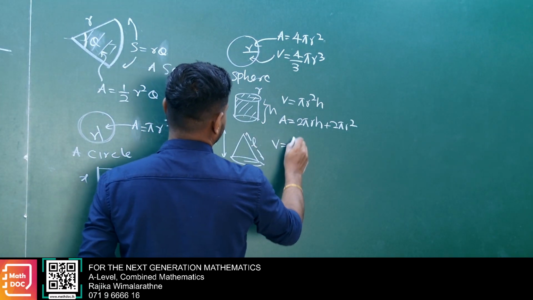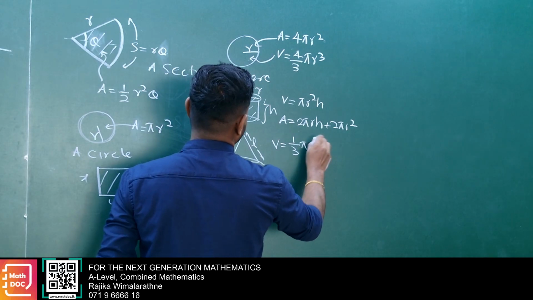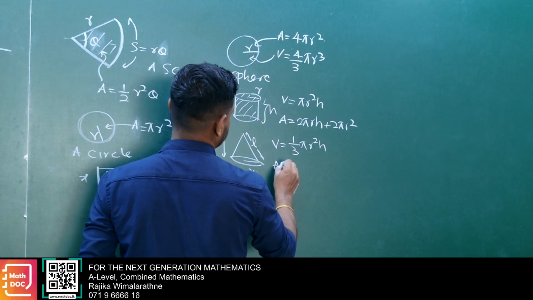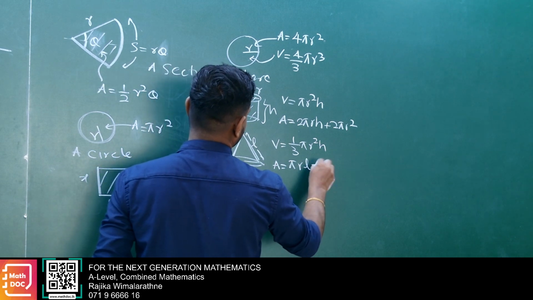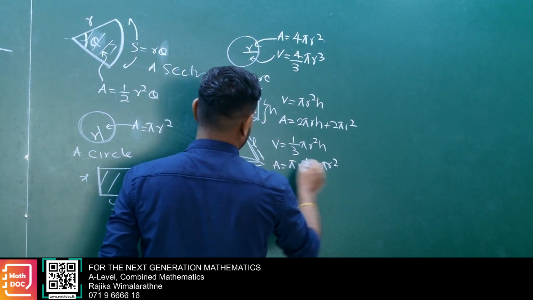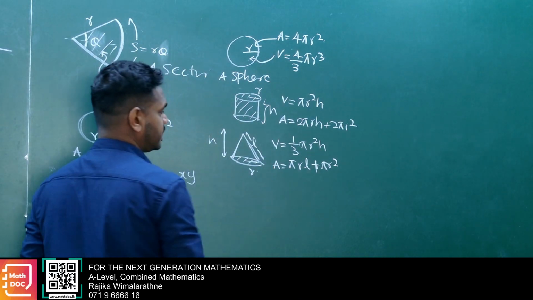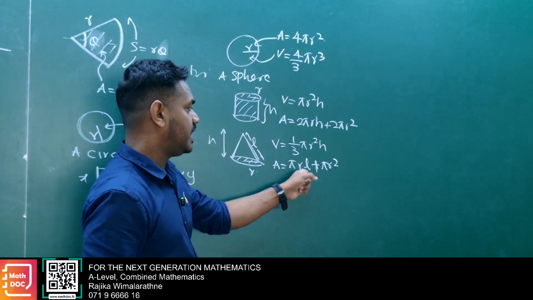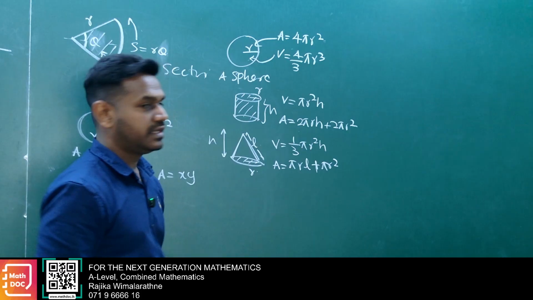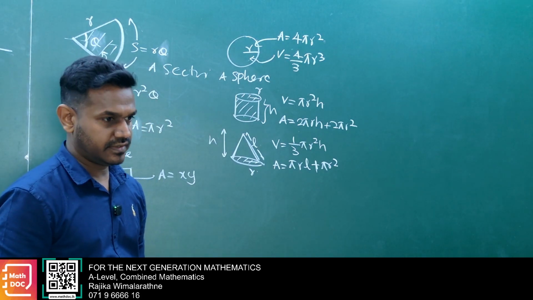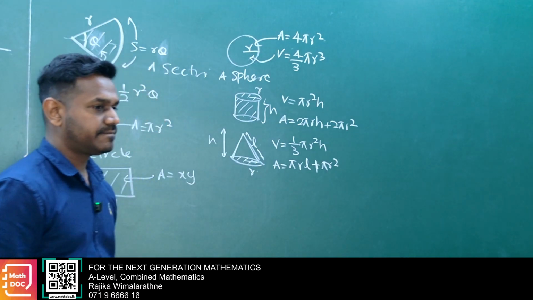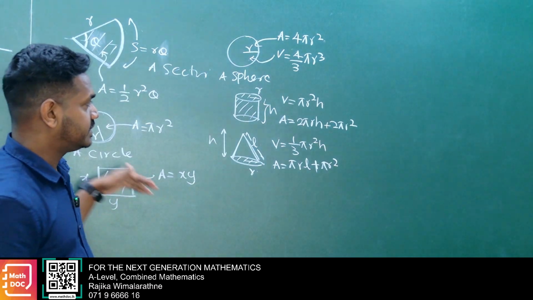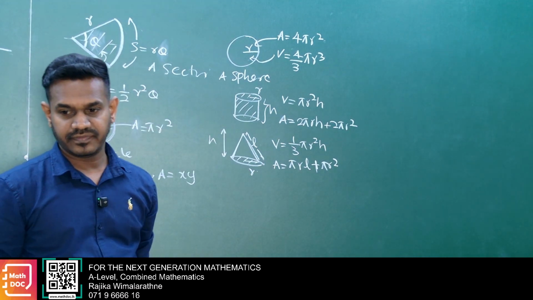Then volume is 1/3 pi r squared h. Surface area: the curved part is pi r L, plus pi r squared for the base, giving the full surface area. That is a cone. These geometrical things you have to remember.